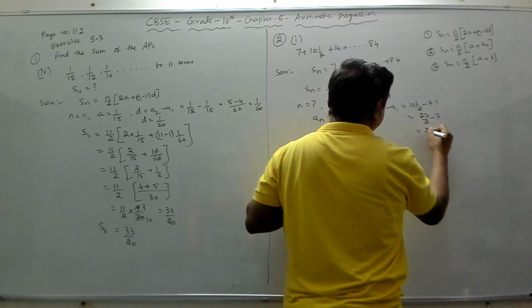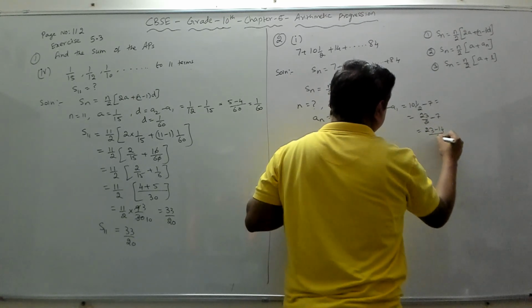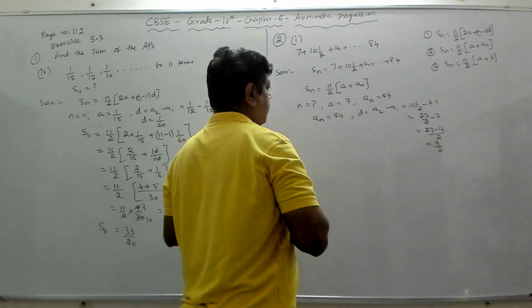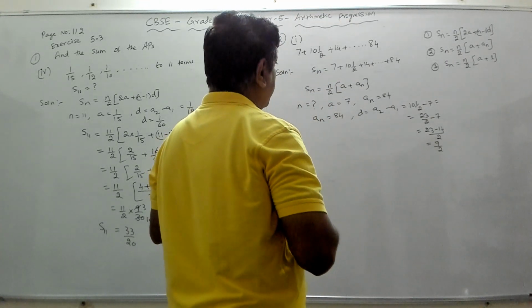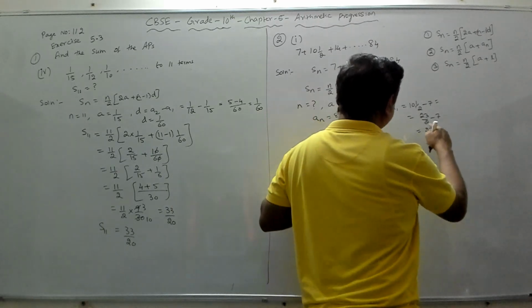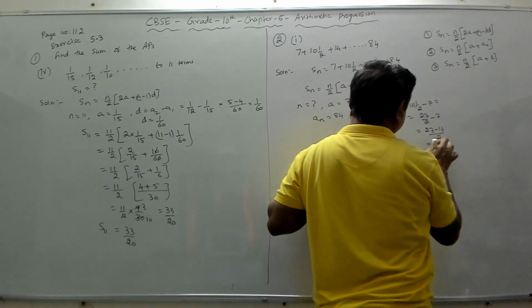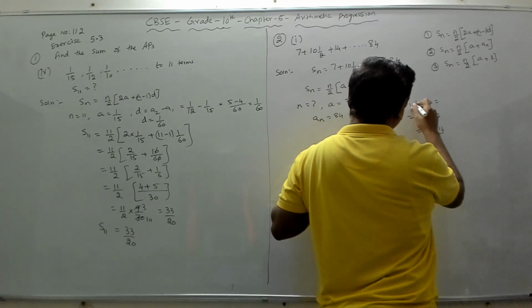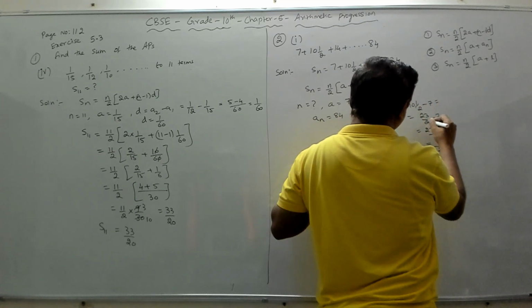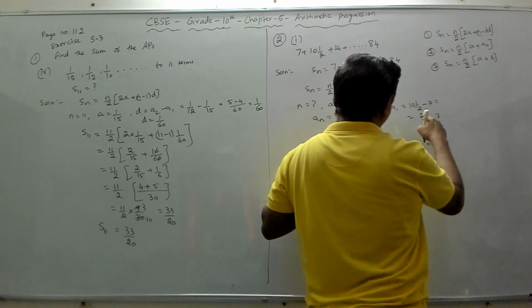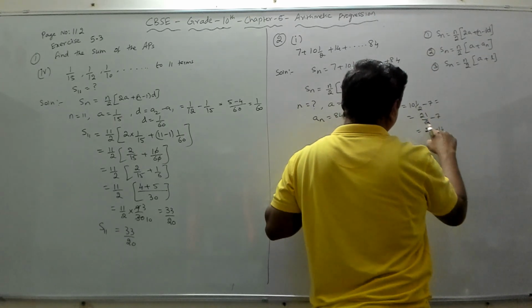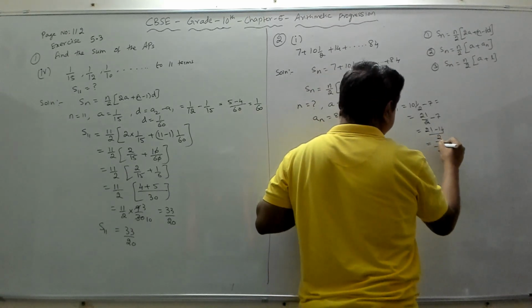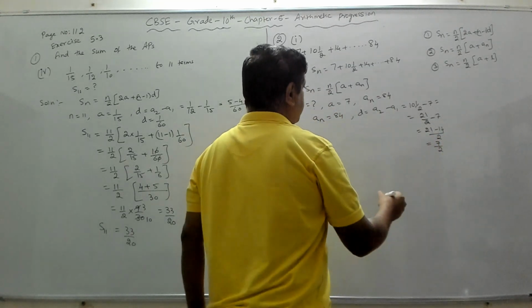Sorry, 7 2s are 14. 20 plus 1, 21 by 2, minus 14 by 2 becomes 7 by 2. So your d is 7 by 2.